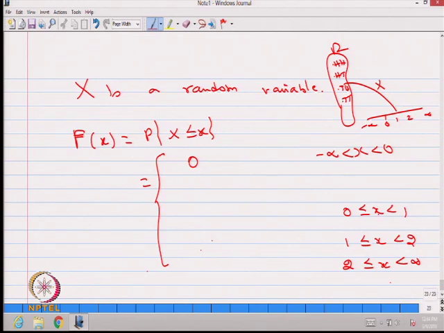When x lies between 0 to 1, since the tail-tail is mapped with 0, the collection of possible outcomes is nothing but w such that X of w is less than or equal to x.